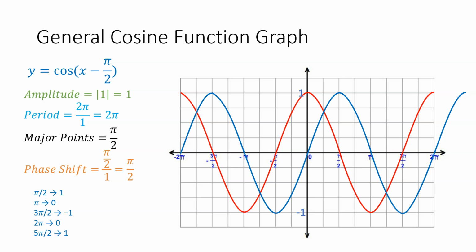If we notice and take a careful look at the blue line there, it should look very familiar. In fact, the blue line is now the same thing as the sine of x graph. The cosine of x minus pi over 2 is the same thing as sine of x.